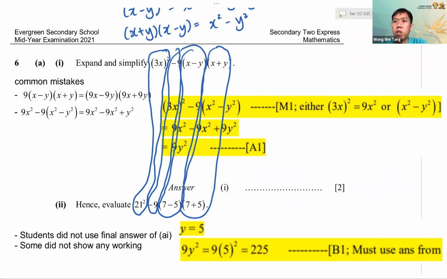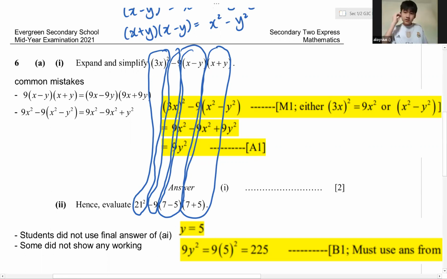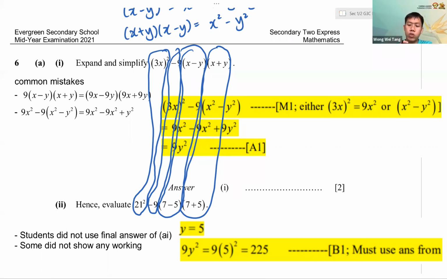Now, based on this, do you see some similarities? Okay, I'm going to call some people to share their answers. Aloysius, what similarities can you see? Aloysius, please unmute yourself. 3x squared and 21x. Okay, so what are you trying to tell me? 3x squared is 21x squared? Sorry, 21 squared?